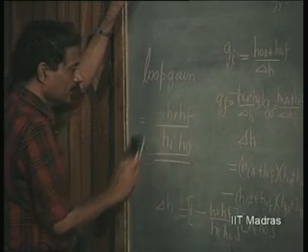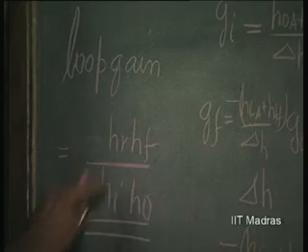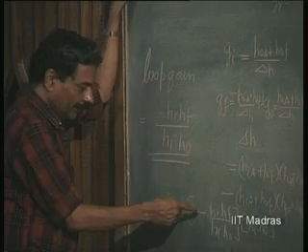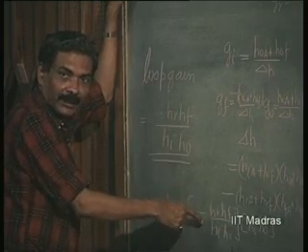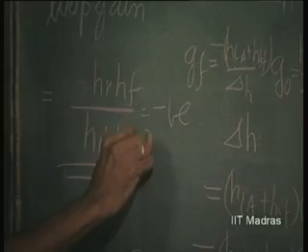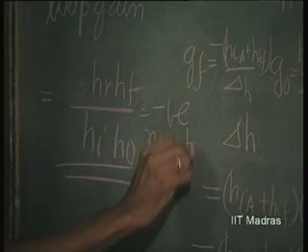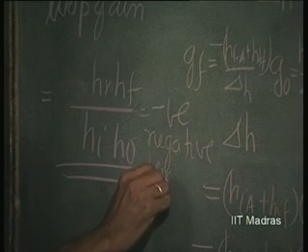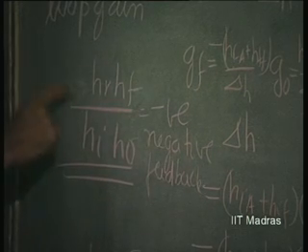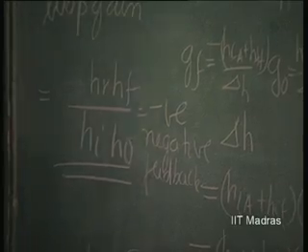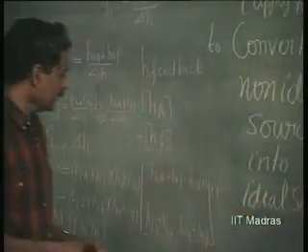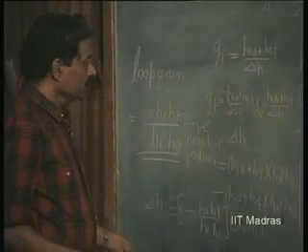So, loop gain is really H R H F divided by H I into H naught. If this is negative, okay, then this becomes positive, and this is negative, it is negative feedback. If it is positive, okay, it is positive feedback.